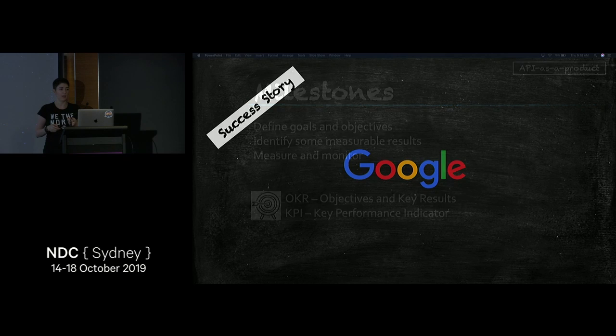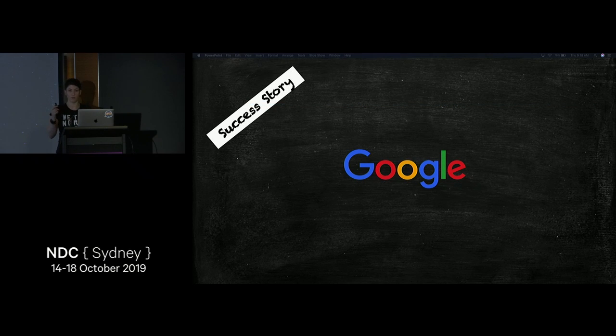If I want to give a good success story about OKRs, I'd say Google. Google embraced OKRs, objectives and key results, when they were a really small team, about 40 people I heard. They didn't say, oh, I want to sell this much. No, they said I have this objective, and I'm going to meet it.